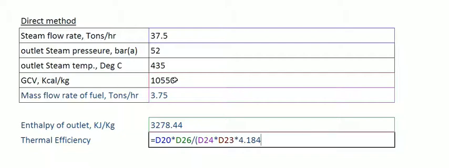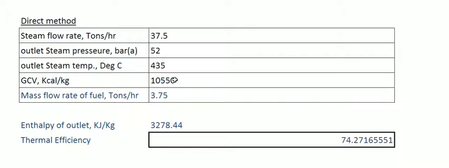Into 100. Very simple. That is the efficiency of the boiler. 74.3% is the thermal efficiency of the boiler.